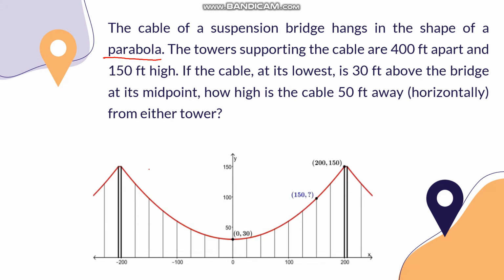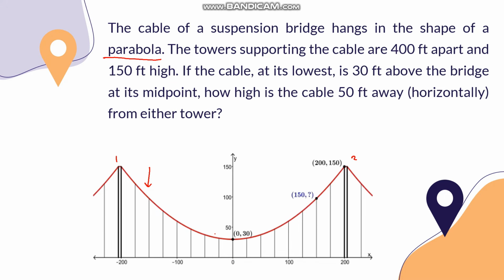So we have here the cable, then these are the two towers, 1 and 2. Each of them is 150 feet high, as you can see. And they are 400 feet apart from each other. So from the center, the first one is 200 feet away, and the other one is also 200 feet away from the center.